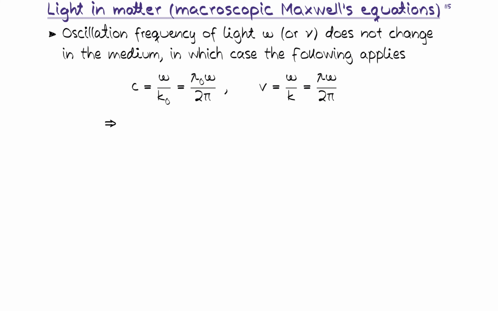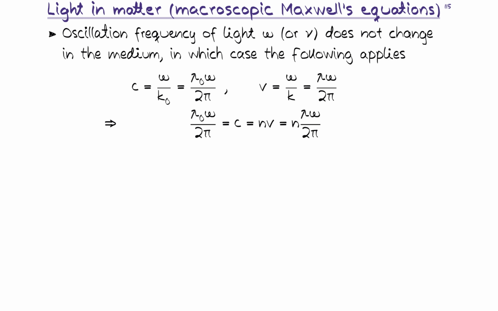And now we can connect these, of course, so that we know that the speed of light in vacuum is associated with lambda naught omega divided by 2 pi. So this is the speed of light in vacuum. And now we know, based on the previous slide, that the speed of light is connected with the speed inside the medium via this relation, so they must be connected somehow.